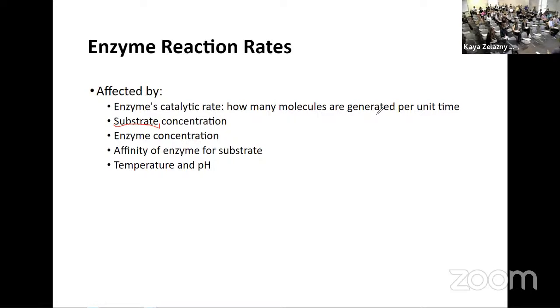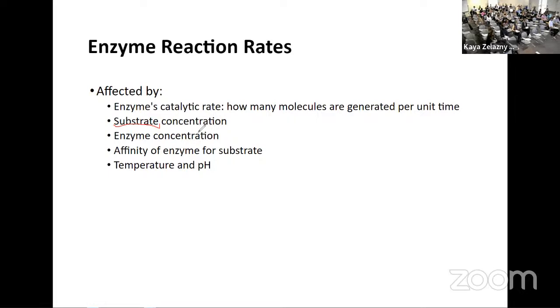If we start with lots and lots of substrate, that reaction is going to happen quickly. If you only have two or three molecules here and there for your substrates, your reactants, it's going to happen more slowly. So if you have more substrate to begin with, this is going to happen more quickly.